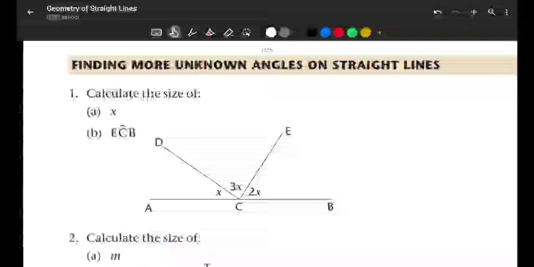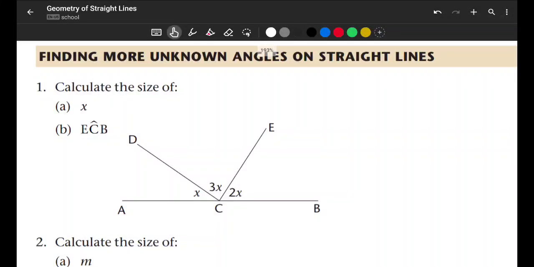Let's continue with another practice one. Here they want us to find the value of x, but after finding the value of x, they want us to find angle ECB. That's how it works. If you see three letters, with the middle one being the vertex, that is the actual angle.